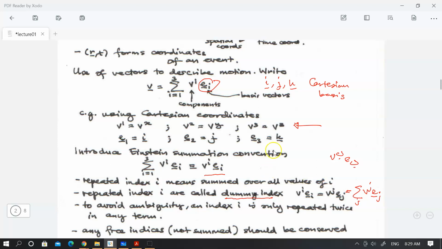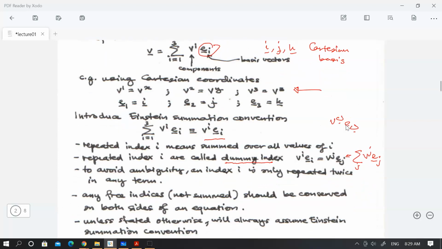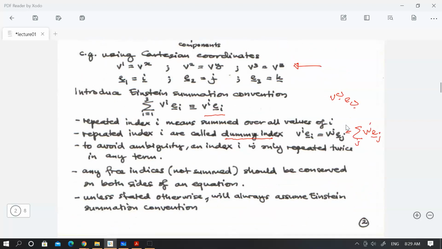But there's a condition: the index that is repeated can only be repeated twice in any particular term. Suppose I have many terms.